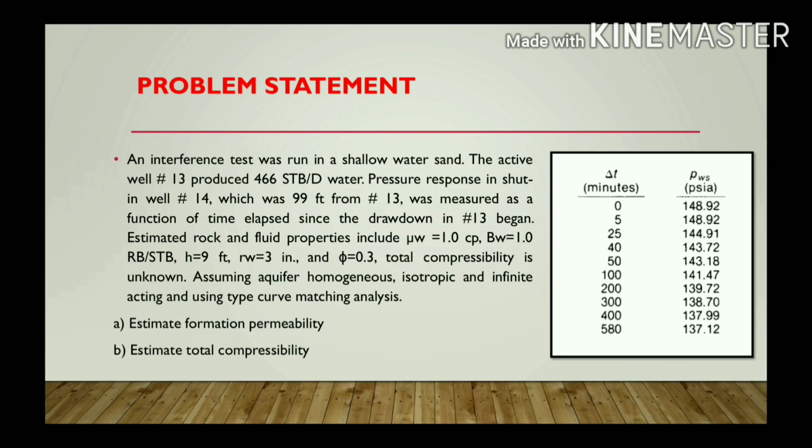Also, you find a table which gives the data of the bottom hole pressure at the observation well and the delta t, which is elapsed time. So by using this interference well testing data, we have to find formation permeability and total compressibility. So we look at the solution.